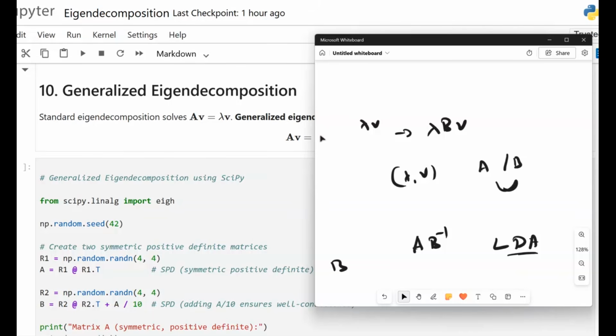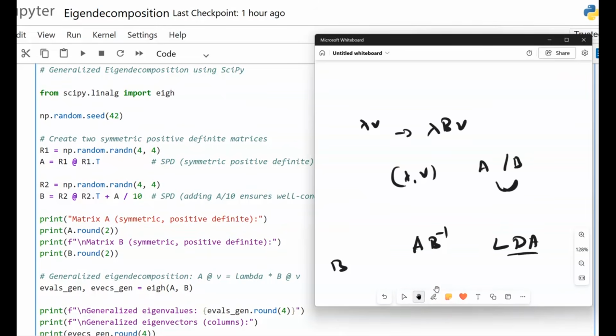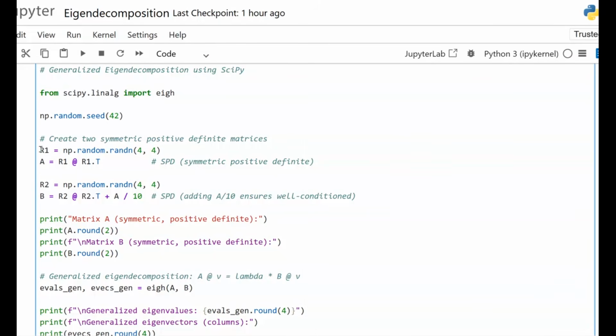Okay, let me discuss it by code. Kindly observe, dear friends. The script demonstrates the generalized eigendecomposition problem, mathematically specified as A V equals lambda B V for symmetric positive definite matrices A and B, and verifies its properties numerically. Here we construct the SPD, that is symmetric positive definite, matrices.